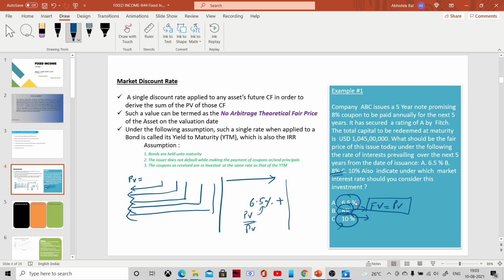And at 6.5% market interest rate, we found out the present value was something like $10,214. So if the actual market price of the security is less than $10,214 when the market interest rate is at 6.5%, or less than $10,000 when the market interest rate is 8%, even then that proposition is better. Why? Because you will be getting the security cheaper than its theoretical fair price.